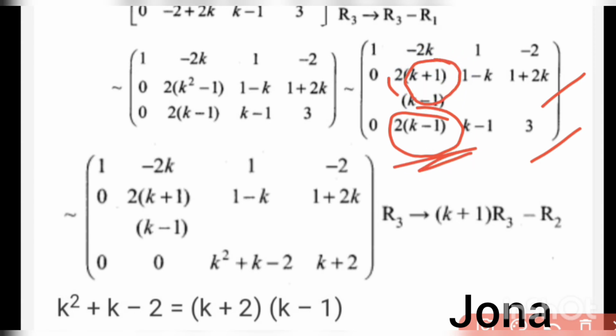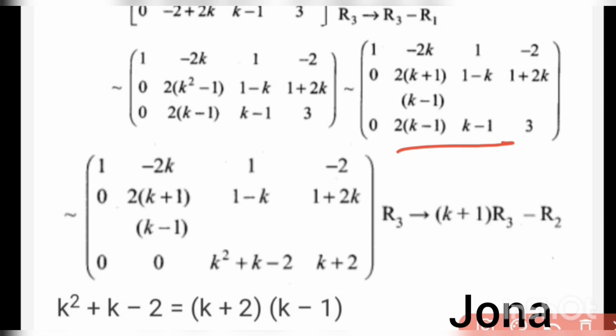So multiply R3 by k plus 1 and subtract this from R2, so that it will become 0 there. So I want to multiply R3 by k plus 1.